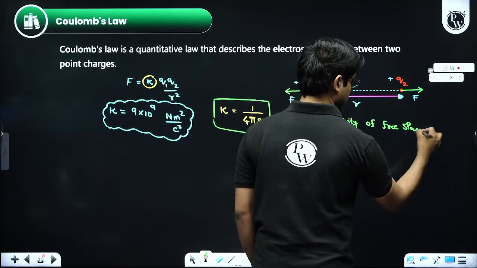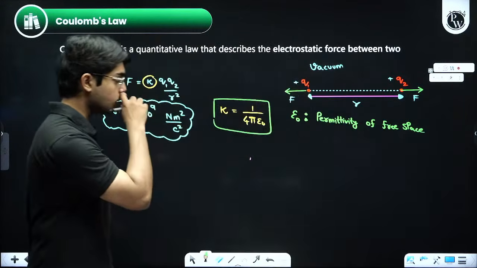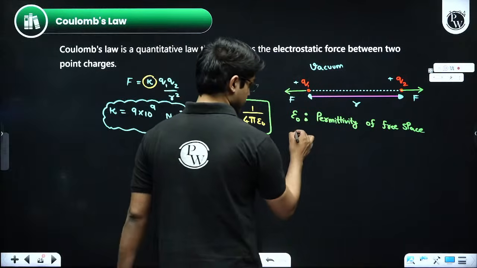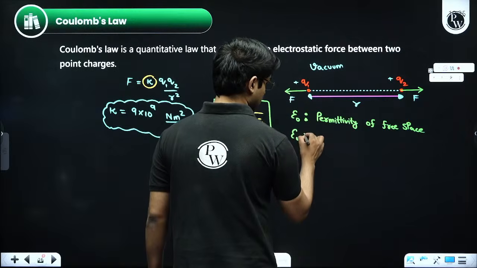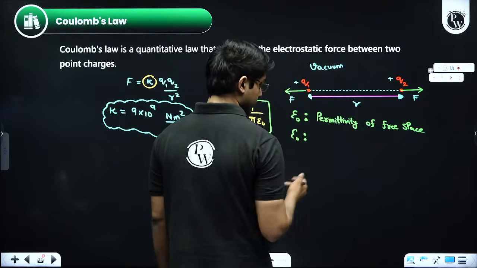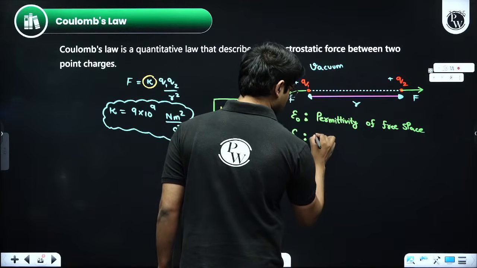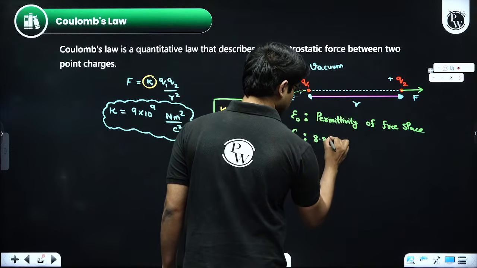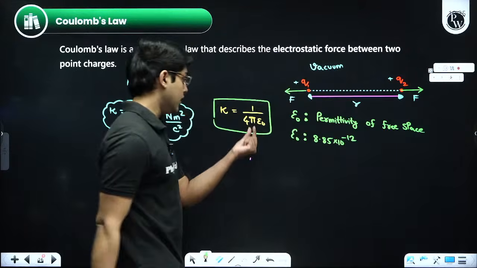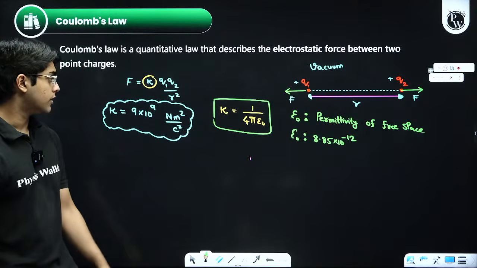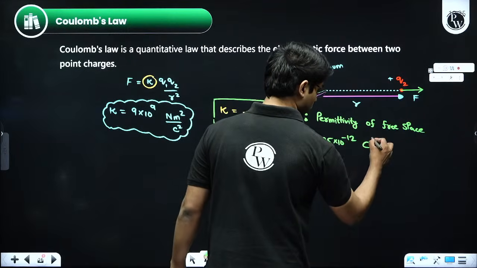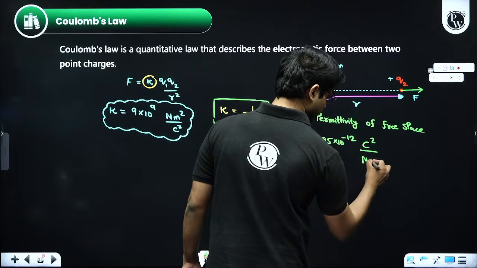Free space just means vacuum. And this is just another constant. There is nothing special about this, and its value is 8.85 into 10 raised to minus 12. Its units will be the reciprocal of K, so it will be Coulomb square per Newton meter square.